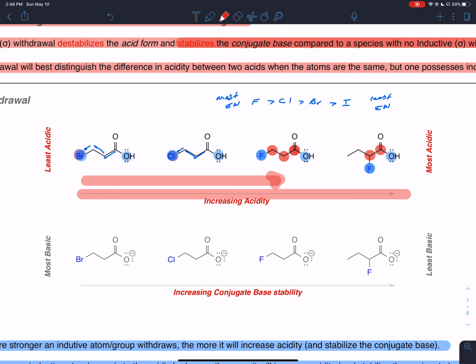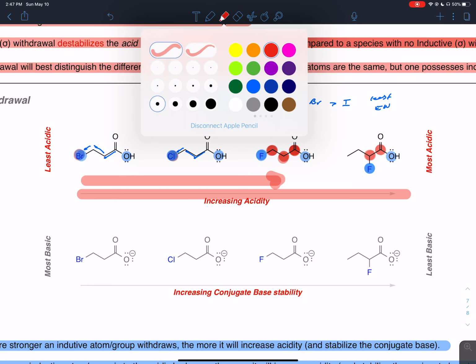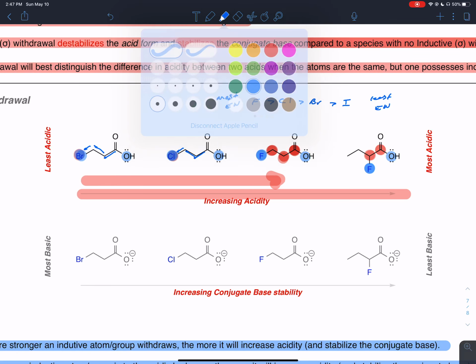We've labeled them with our dots there. But this fluorine has to pull through 3 electron clouds. And so the effect felt by the oxygens in each of these cases is different. The fluorine that is closer pulls more strongly, okay? So we have this idea of strength and of proximity as being a factor in the inductive capacity of an atom or group. Let's now look at the conjugate base stabilities.